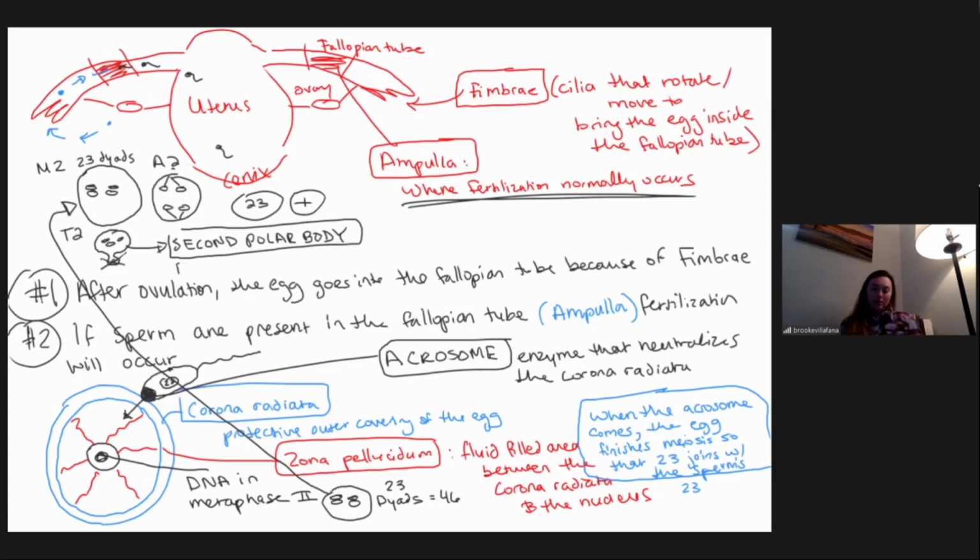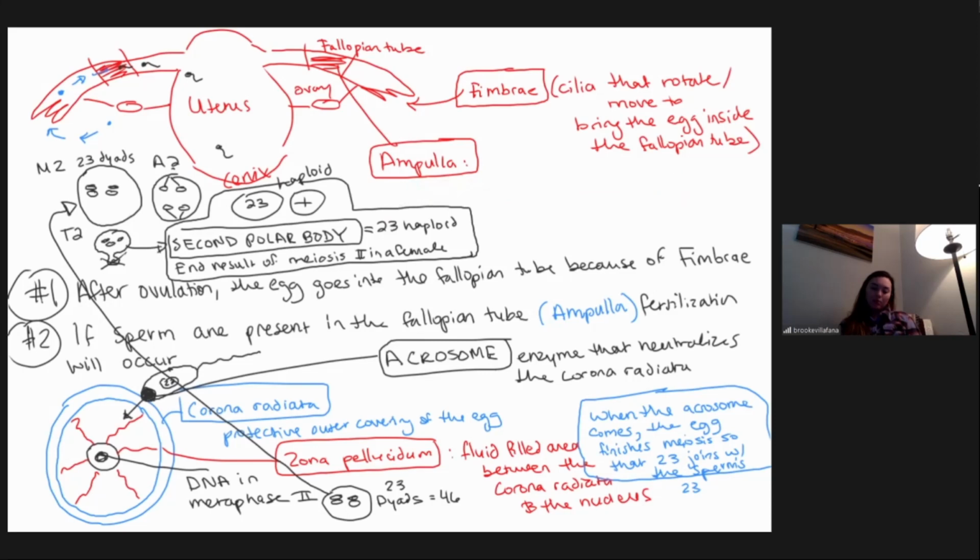So the end result of meiosis 2 in a female would be a 23 haploid egg and a second polar body. What does the second polar body have? 23 haploid, right? What about when we first talked about the first polar body that came at the end of telophase 1, and we said that that was a diploid, right?